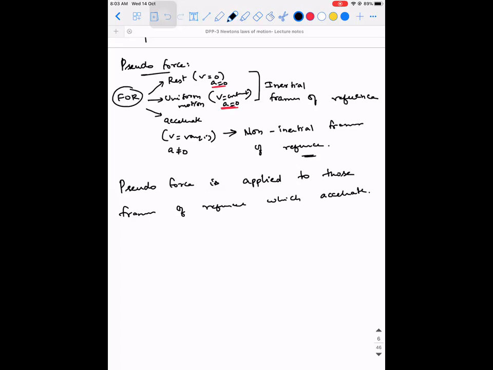So if you have a frame of reference which is non-inertial in nature, to make the whole frame of reference an inertial frame, we need to apply something called a pseudo force. How to apply, I will explain. But tell me one thing, are you clear when to apply it? If you see a particular question, in that question, if you say that the frame of reference is having acceleration, then you need to apply something called pseudo force.